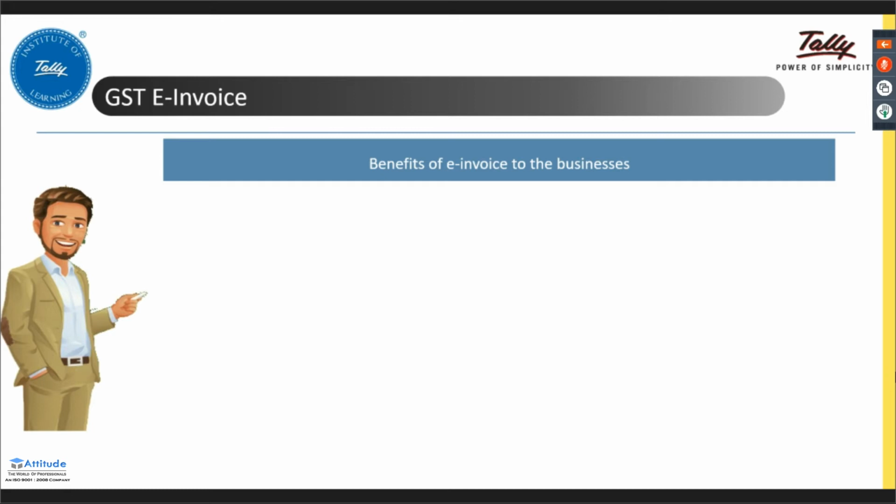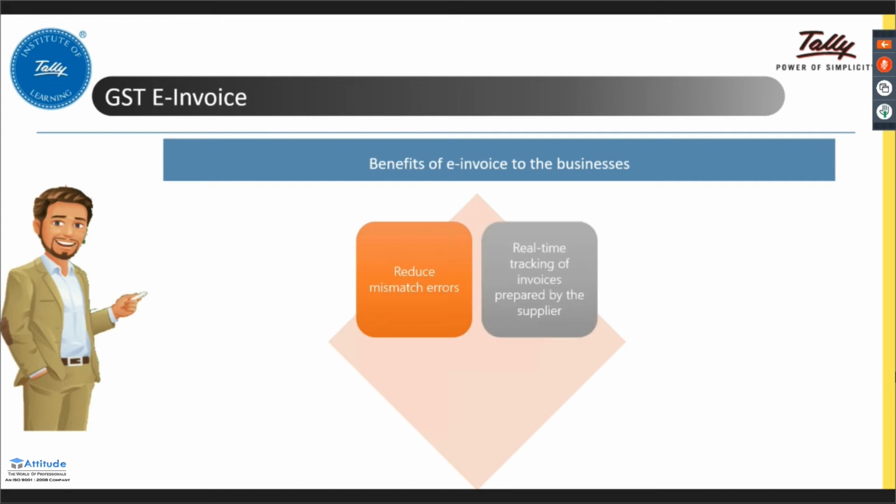And what are the benefits of e-invoice to a business? The main benefit of issuing an e-invoice is reduced mismatch errors. Firstly, this e-invoice will reduce all the errors due to mismatch in the invoice, and this will also help in real-time tracking of invoices prepared by the supplier.